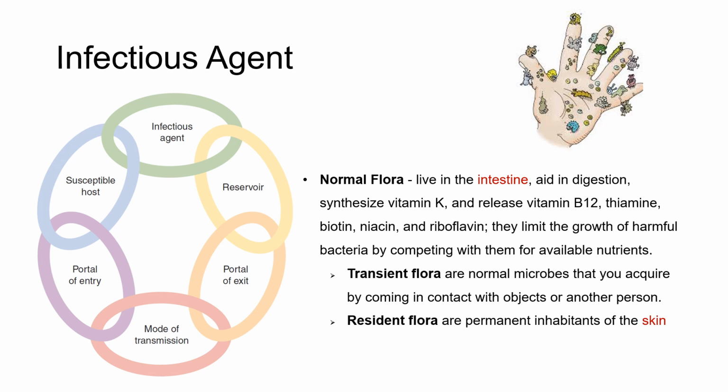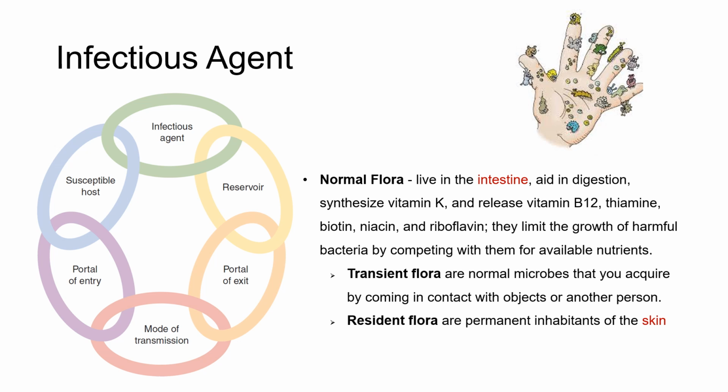But those we can wash off. Transient meaning they don't live on us, they're temporary. Then we have resident flora. These are microorganisms that live on our skin and we live symbiotically, they help us, we help them, and we're all good. The infectious agent could also be bacteria, virus, fungus, or parasites.